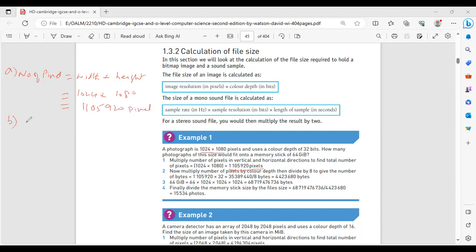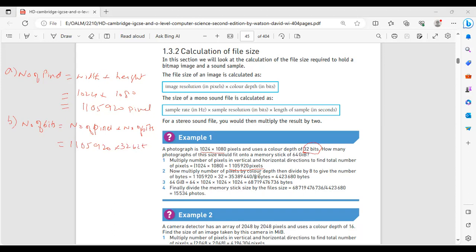Then you need to perform the second step, that is the number of bits. Here you will write number of pixels multiplied by number of bits. In this case, the number of bits given is 32. So I'm writing here the number of pixels, 1105920, multiplied by 32 bits.